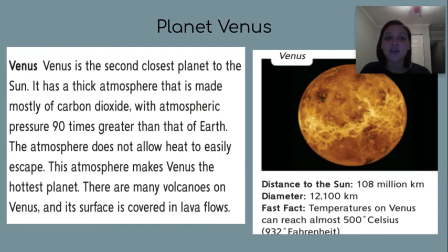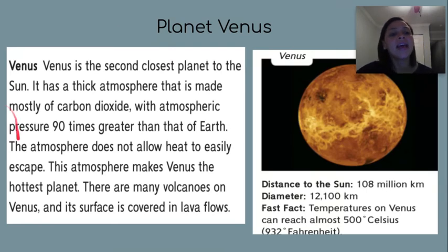It's made of lots of carbon dioxide, and this does not allow heat to escape easily. So this actually makes Venus the hottest planet out of all the other planets. And it's not the closest to the sun, which you would think Mercury would be the hottest planet or have the hottest temperatures, but it's actually Venus because of this thick atmosphere that makes it the hottest.